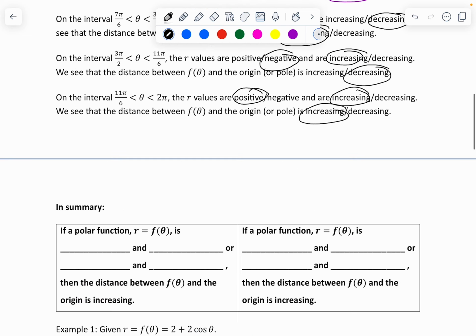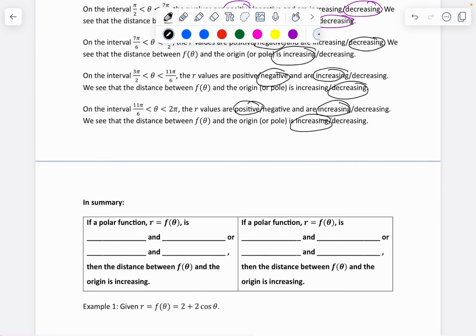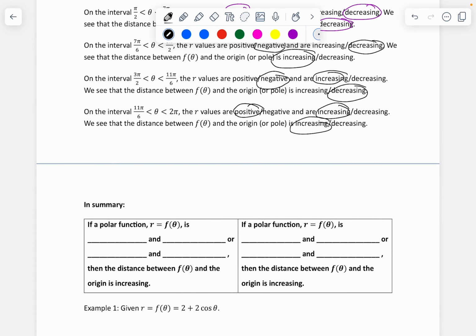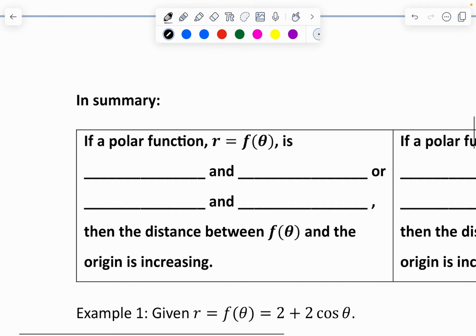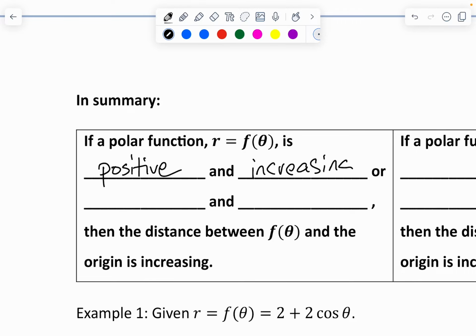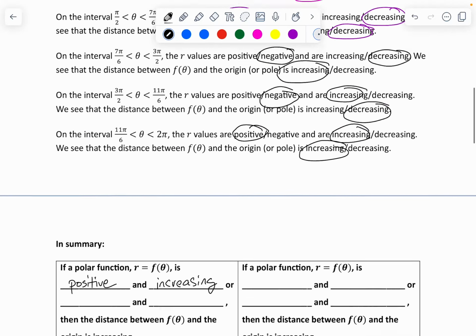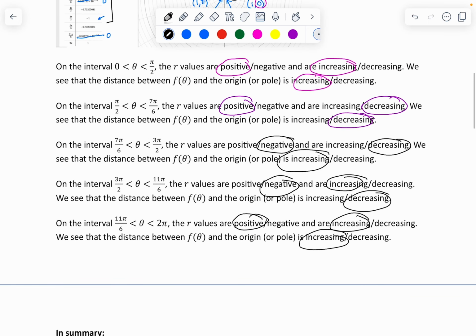Oh my goodness, what have we concluded? Well, what we're saying here is that in a polar function, if R is positive and increasing, okay, let's look back to our little circle things here. So we had positive and increasing here.